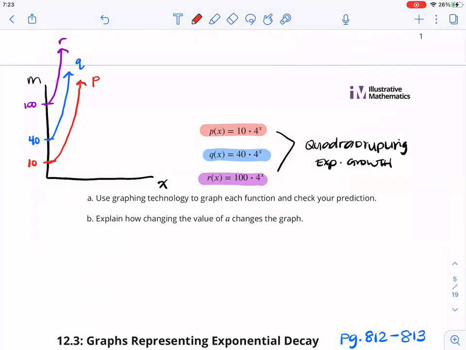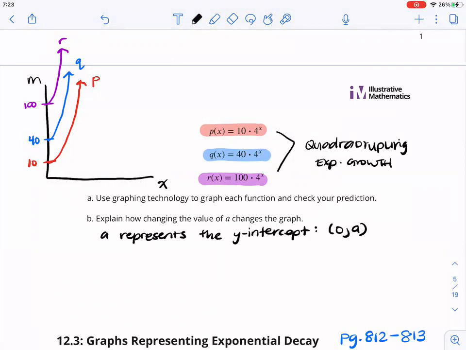All right, so explain how changing the value of A changes the graph. Well, hopefully you notice that the initial value, or A, represents the y-intercept. So it's always going to be 0, comma A. So here we have 0, 10. Here we have 0, 40, and then 0, 100.